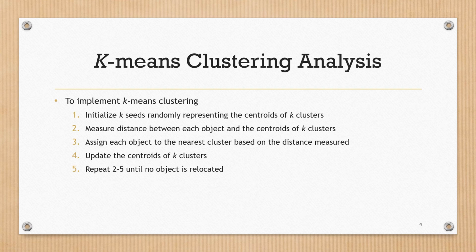The next step is that we assign each object to the nearest cluster based on the distance measured. Then we update the centroids of k clusters. We repeat steps 2 to 5 until no object is relocated.